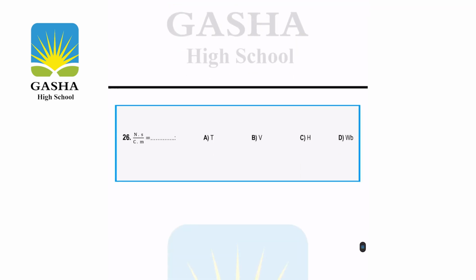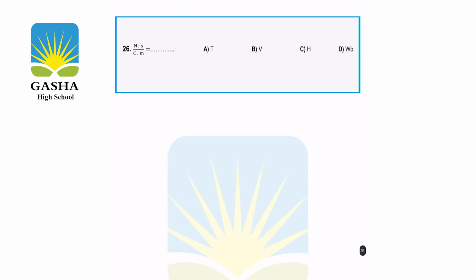Okay, question 26. It says Newton dot second over coulomb meter is equal to which of the following? The correct answer is Tesla. Why? We already know that F is equal to BIL, so B is equal to F over IL. The unit of F is Newton, the unit of I is ampere, and L is meter.